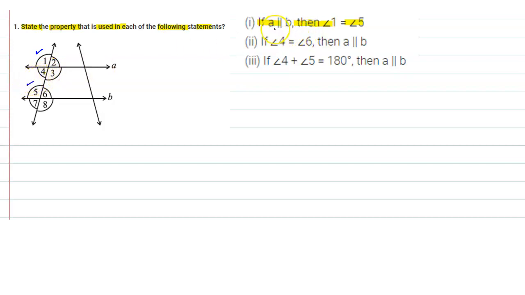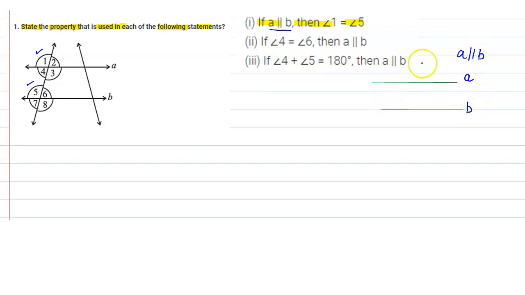Now it is given that A is parallel to B. So let us draw two parallel lines, right? So this is parallel to this. This is A, this is B. So A is parallel to B, this is given to us.